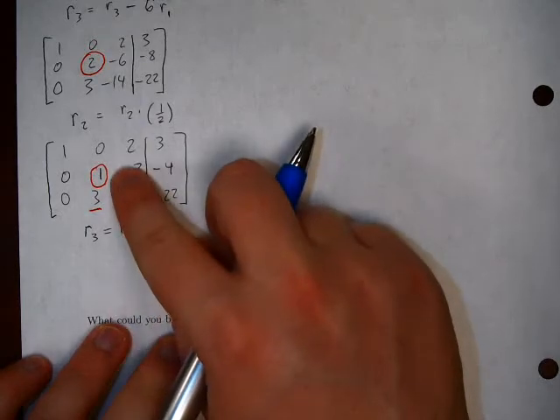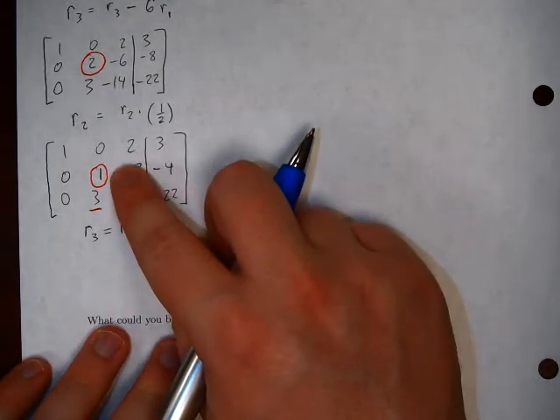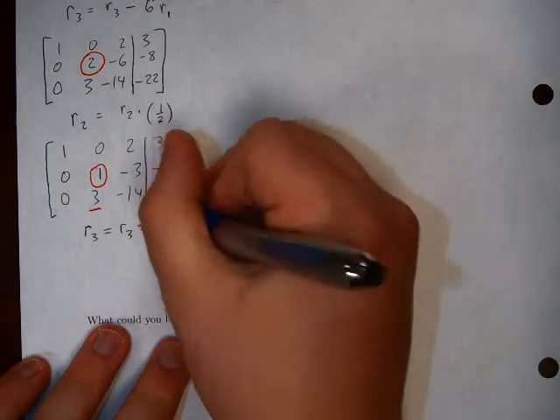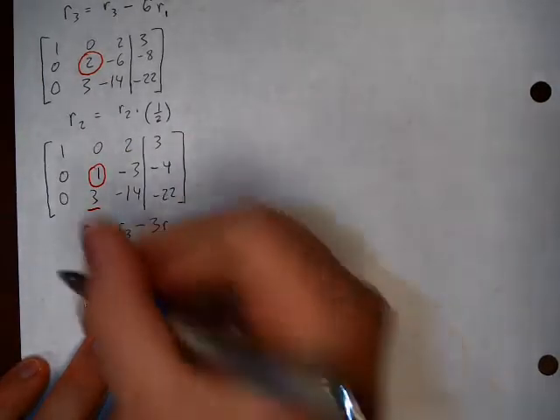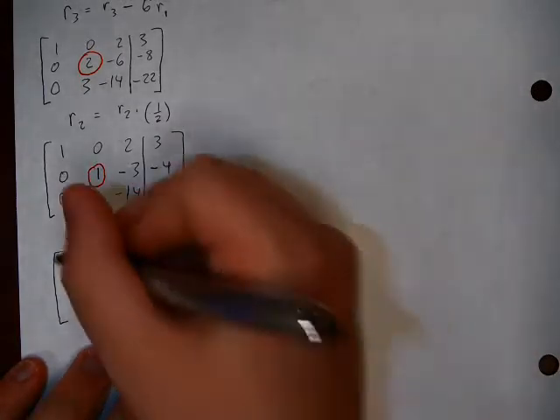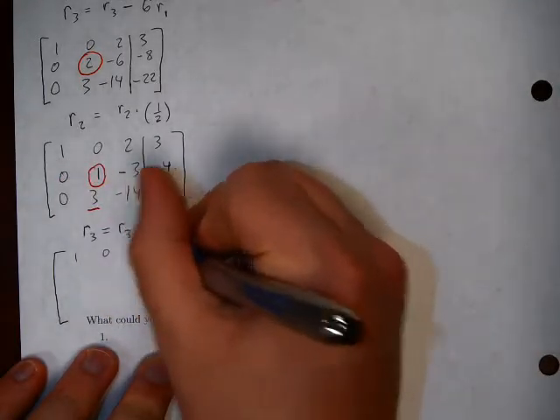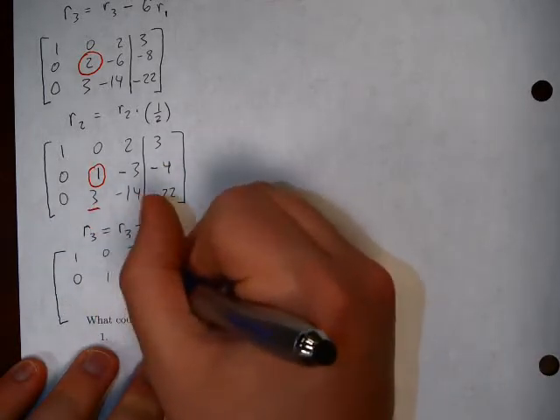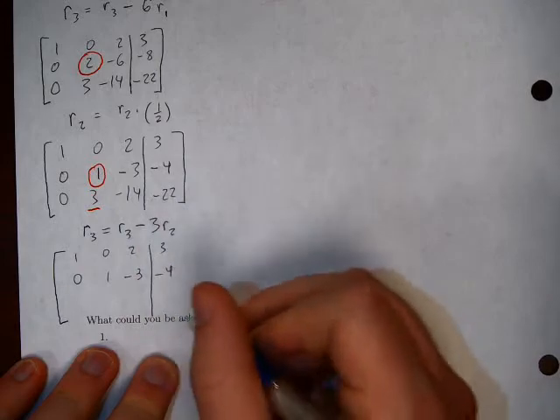Again, since we already have a 1 here, it's easy to figure out what we need to multiply it by to cancel out the 3, and that's just negative 3. So as we continue, we get 1, 0, 2, 3 from before, 0, 1, negative 3, negative 4, and then the last row.